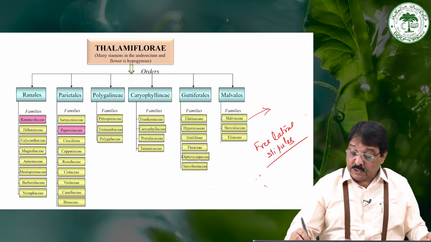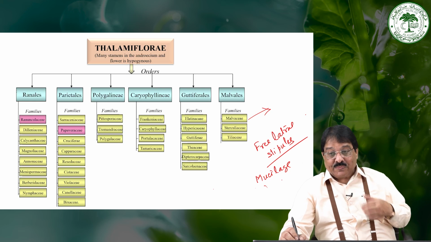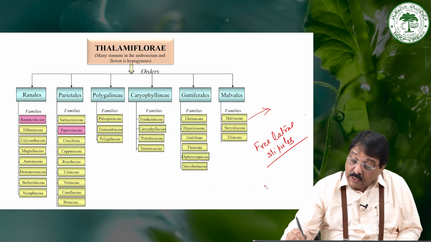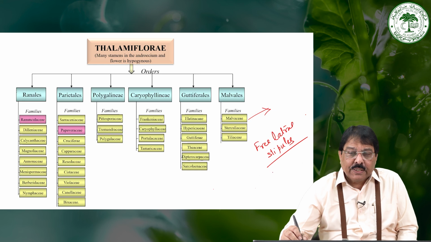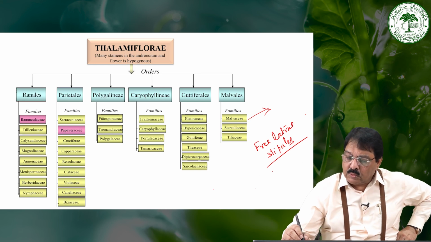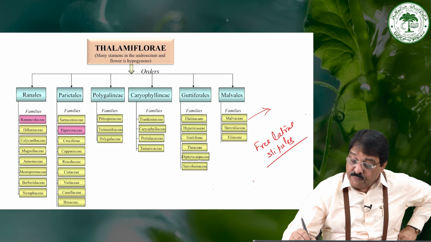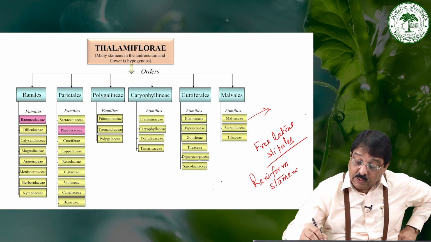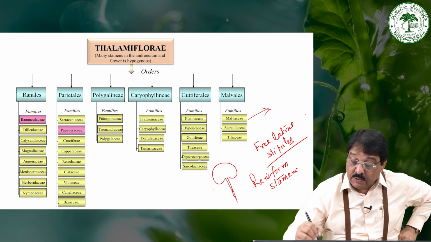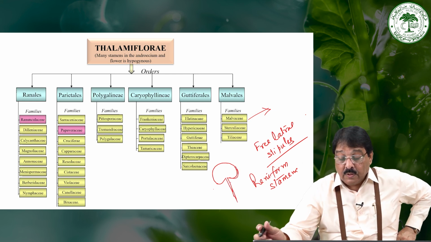Then mucilage will be there. And further, the most peculiar character, on that basis you can say this is the Malvaceae and none of the other families in your course have such a character: the reniform anther lobe. All the members of the Malvaceae will have the reniform anther lobe, and the dehiscence is transverse, where the pollen grains are liberated.